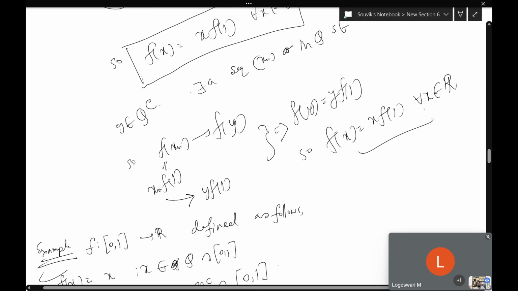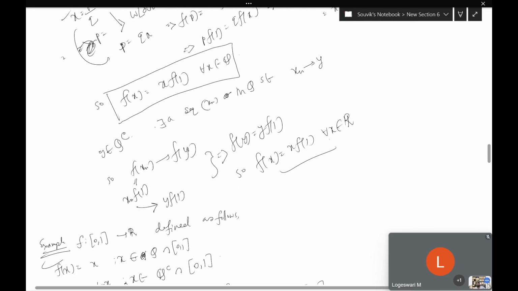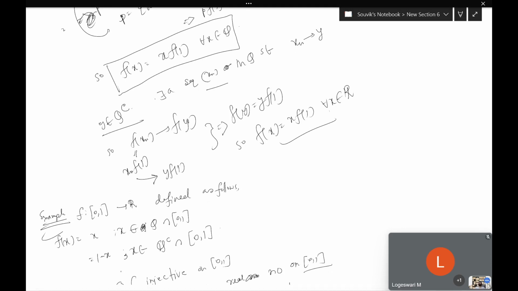So now we need to show it for irrational numbers. We take y to be an irrational number, and we get a sequence xn of rational numbers such that xn goes to y. Then f(xn) goes to f(y).